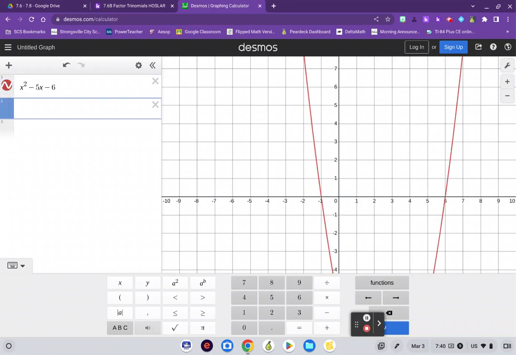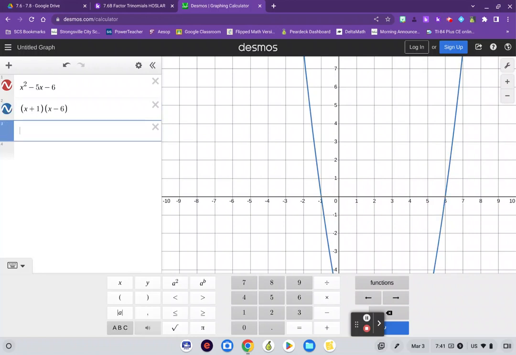And in the second bar, I'm going to have, in parentheses, x plus 1 times x plus 6. Or you could write x plus 6 times x plus 1. Or sorry, x minus 6. That's why it didn't like my answer. Minus 6. There we go.